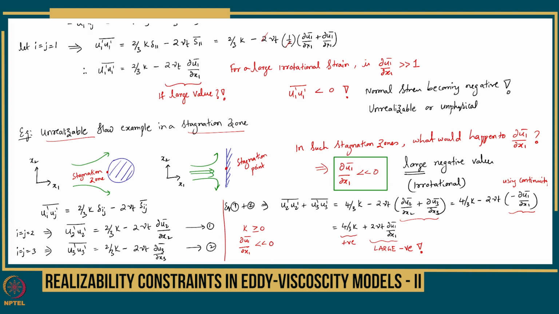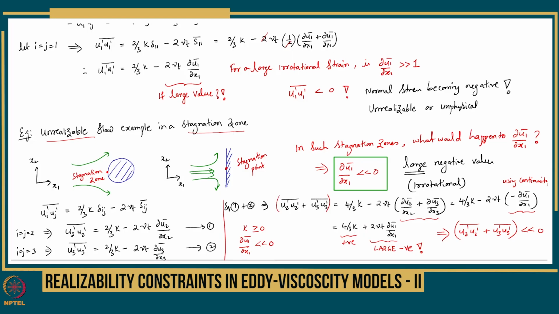So this implies u2 prime average plus u3 prime average, the sum, can go negative. I'm looking into the total sum. This plus this is equal to the right part.